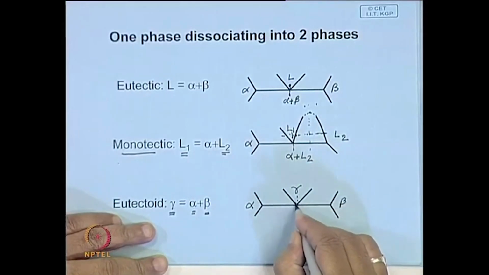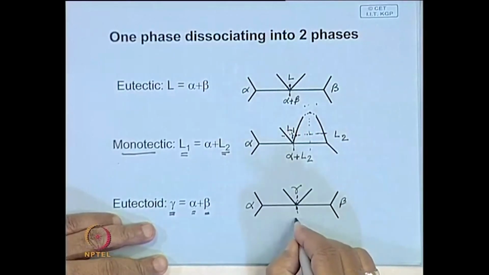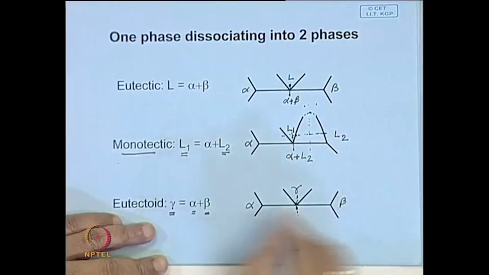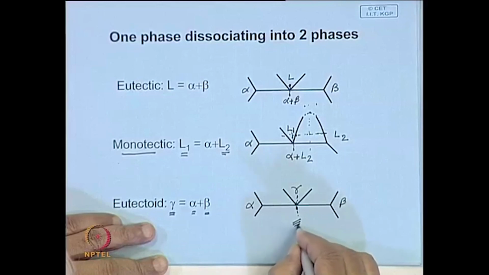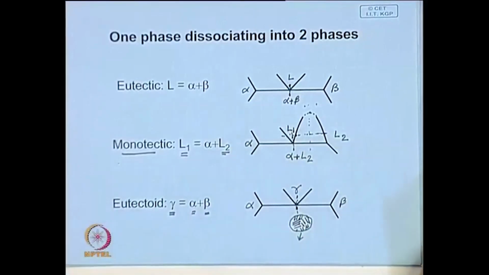So, like eutectic, this structure you will call a eutectoid structure, and structurally it will be very similar to that of eutectic. One very common example could be this type of lamellar structure, and this is called a eutectoid structure.